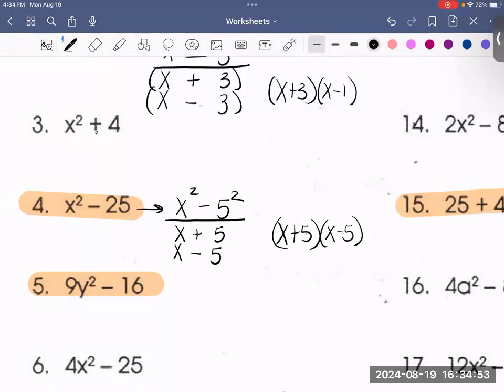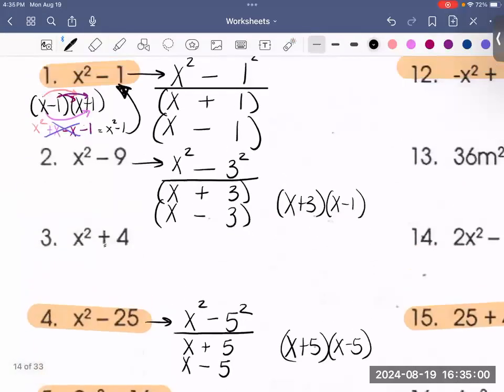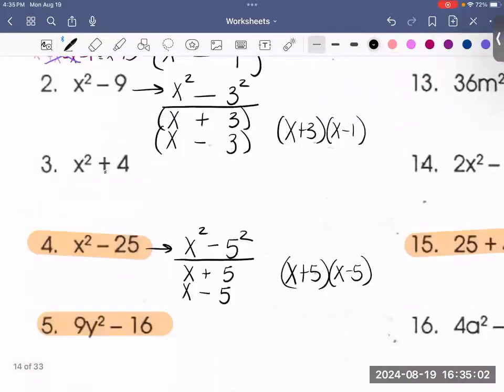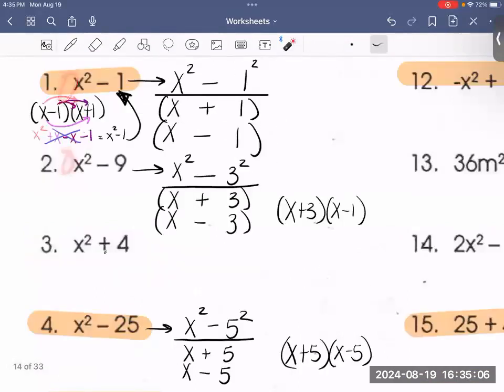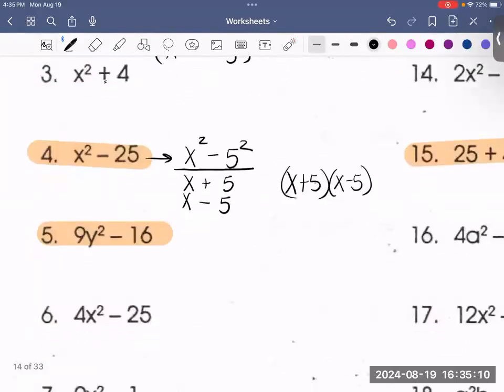Now let's get into what happens if you now have a coefficient attached to your variable. Notice that in these variations, we do not have a coefficient attached to them. So they have just been 1, which we talked just now about being a perfect square. Well, the approach is still the exact same. So what number times itself gets you to 9?